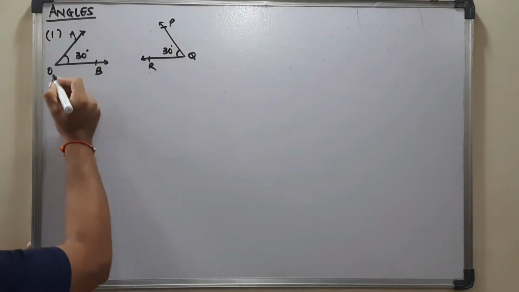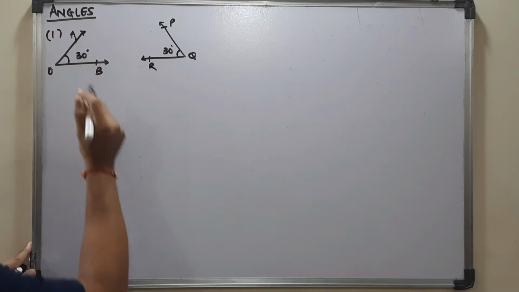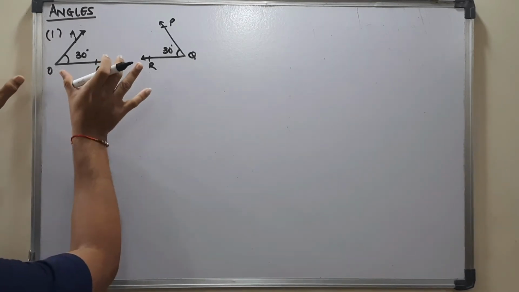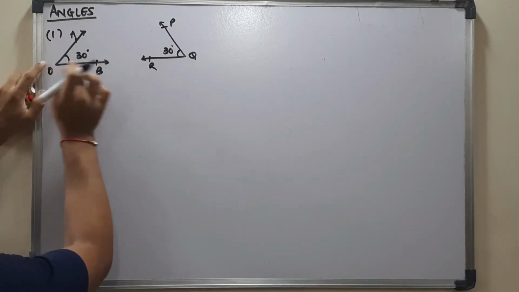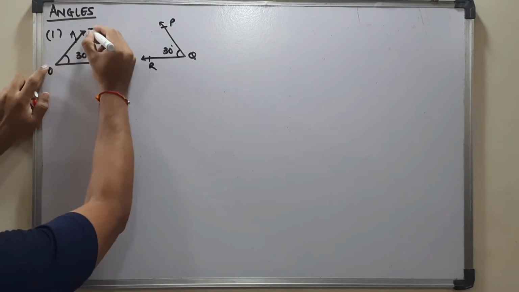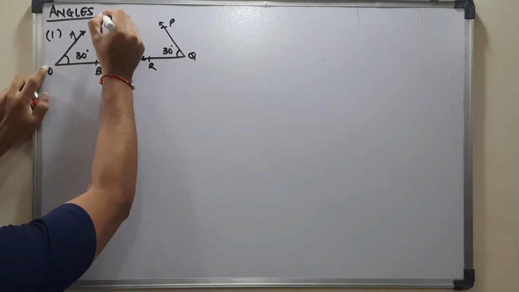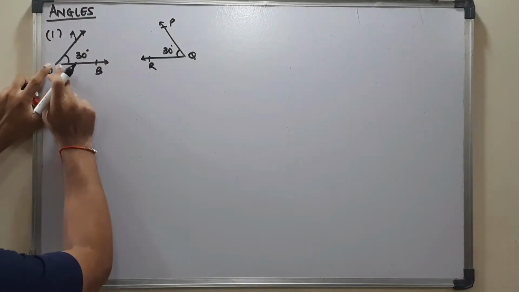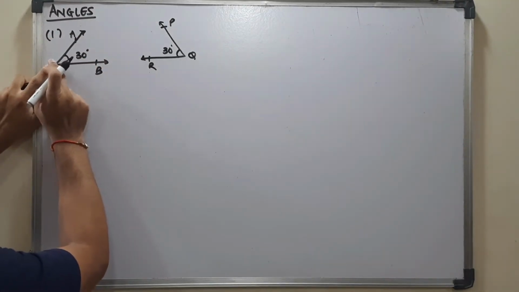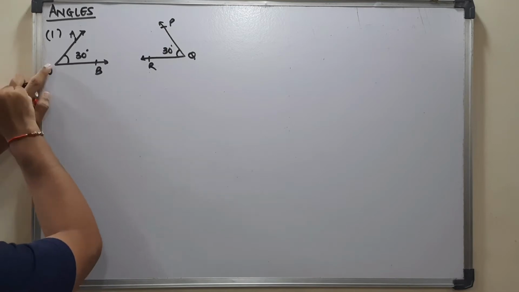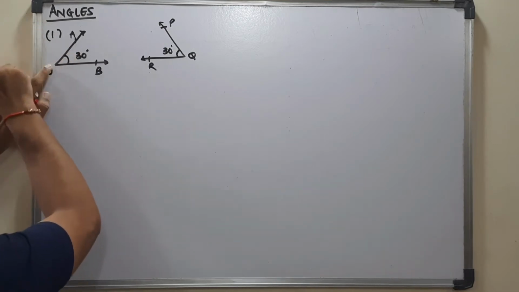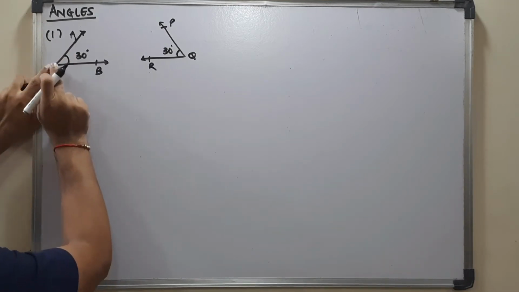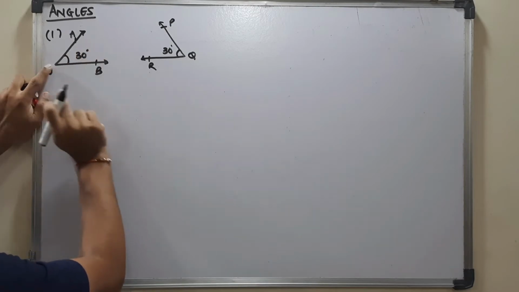if I take the measurement of the angle, that is, if I keep a protractor over here at O, then on this side it shows 30, right? But when I keep the protractor, half of the protractor is on the left side, this much part, and this is the part where we measure the angle.